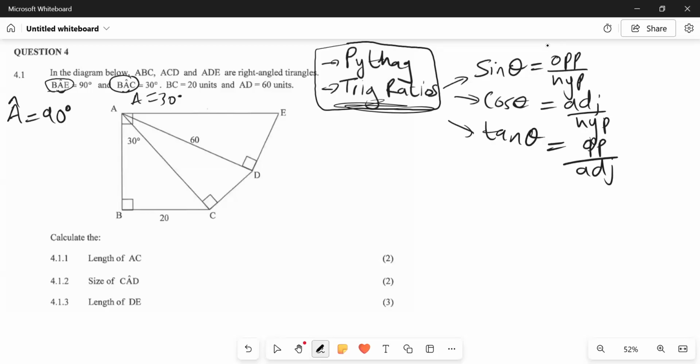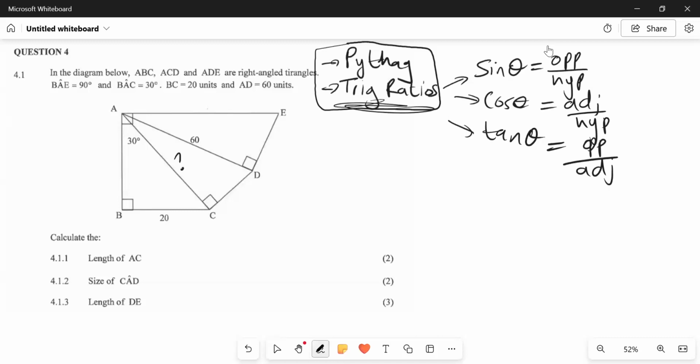And then they're saying BC is equal to 20 units and AD is equal to 60 units. That's not a problem. Let's jump to our question. Calculate the length of AC. That's the first question. We have to calculate the length of AC.